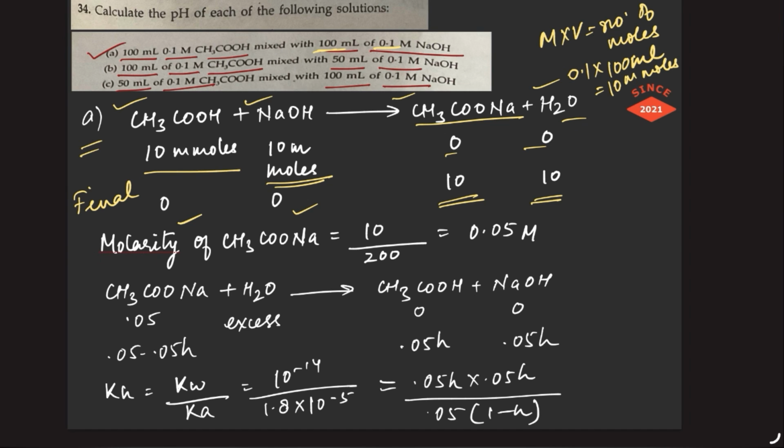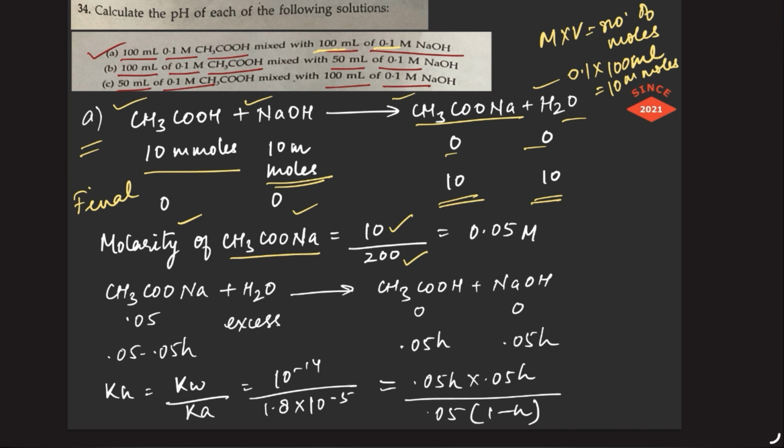Now molarity of sodium acetate will be equal to moles of sodium acetate divided by volume of solution. Now here it is millimoles of sodium acetate, so millimoles of sodium acetate divided by volume of solution, also taken in milliliters. Now what is the volume of solution?